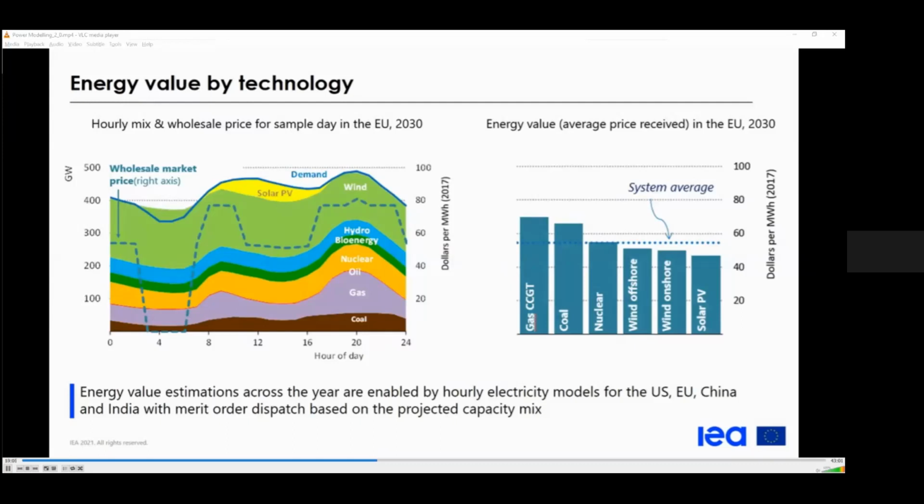We can think of a warm country, a sunnier country, and in that case, the peaks occur generally at noon, and this is very well suited to solar PV, which can meet cooling needs linked to this particular system. In that case, solar PV would be able to capture at the same time peak hour high prices and also to better contribute to the adequacy and have higher values.